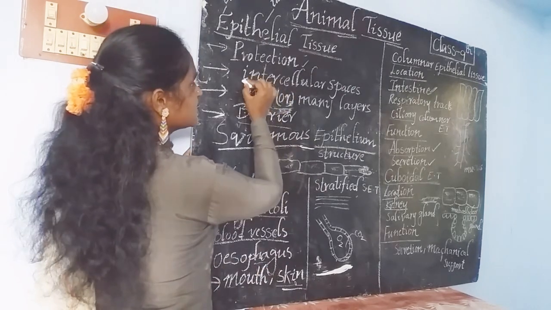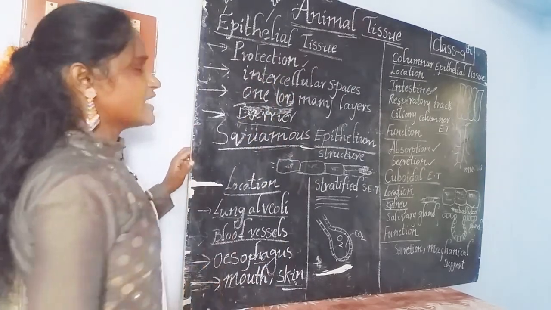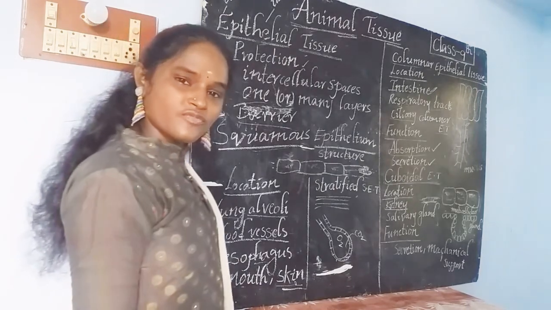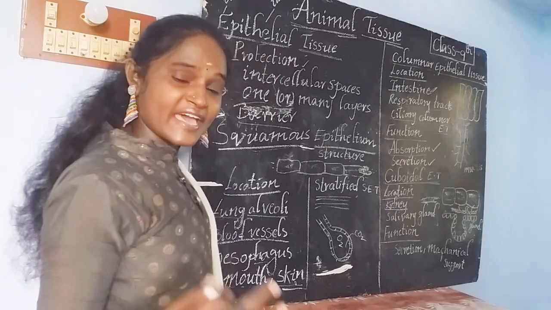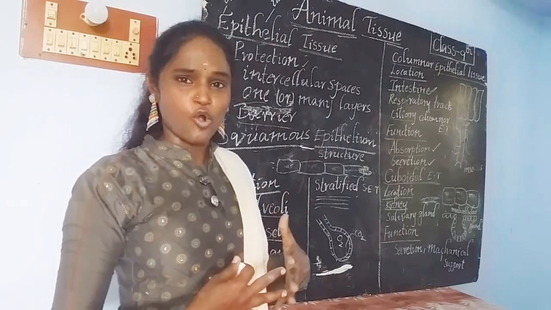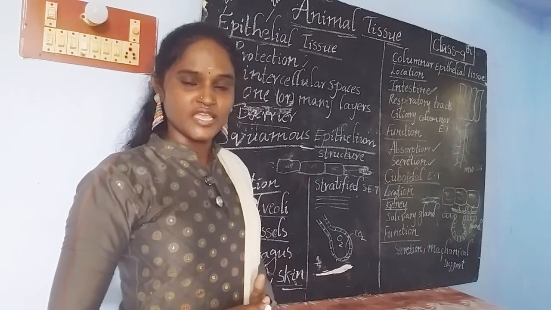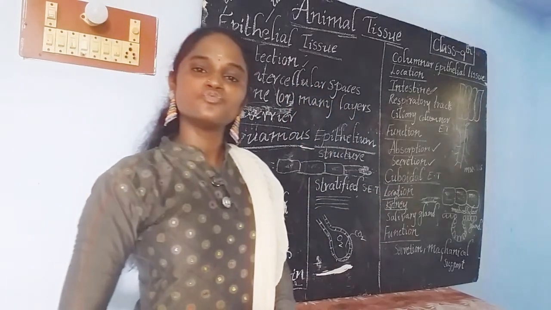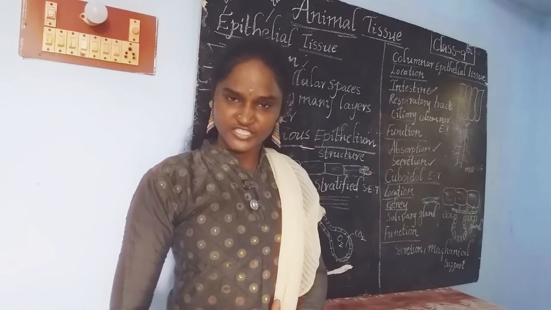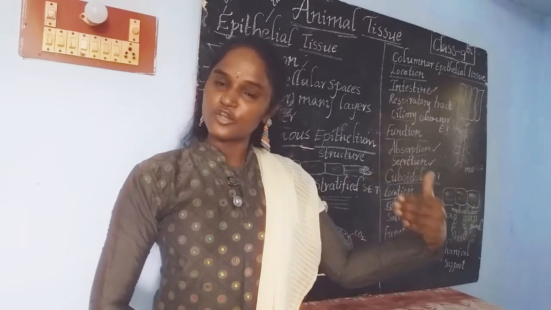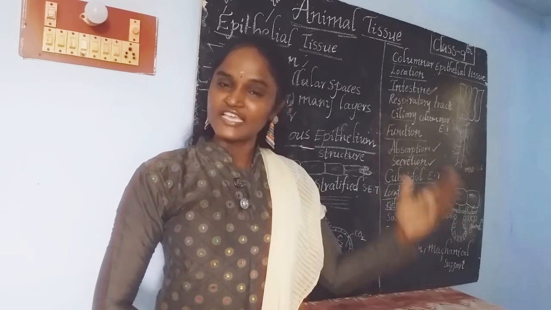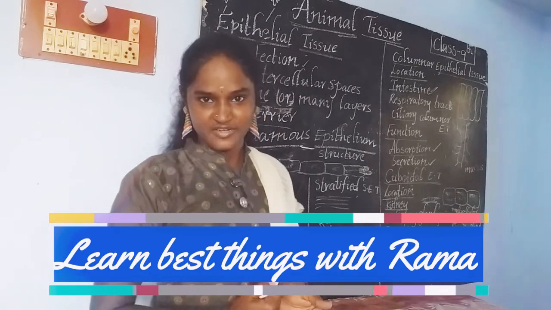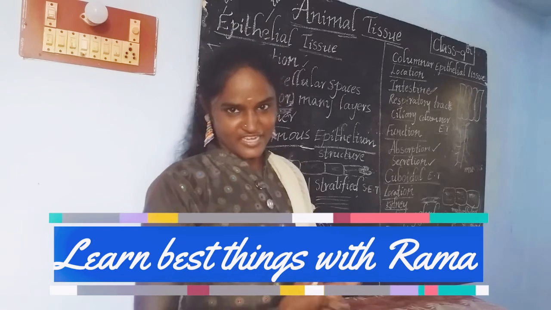And the next feature: the epithelial tissue is made up of thin cells which are arranged very closely and compactly. Here in the epithelial tissue we are unable to find intercellular spaces, as they are absent. It acts like a barrier.